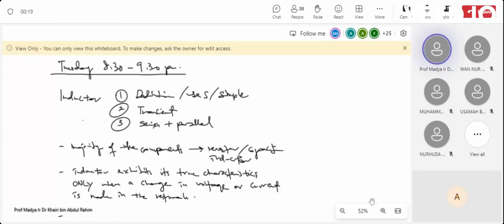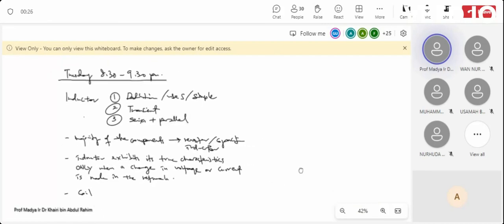The simplest term is we call it coil. Okay, something like this. It has inductance.